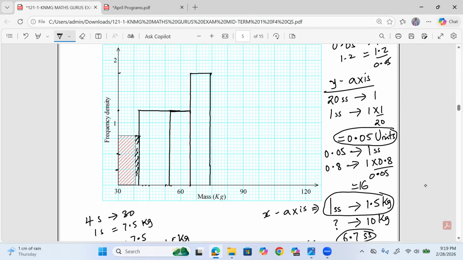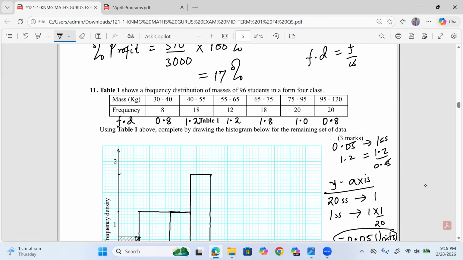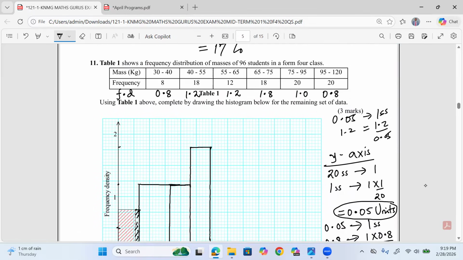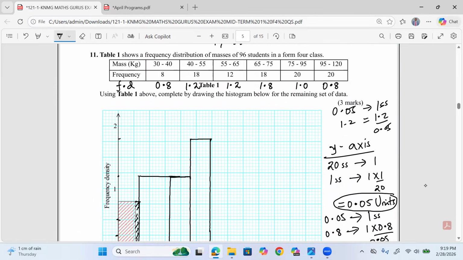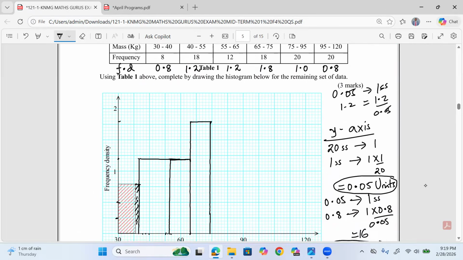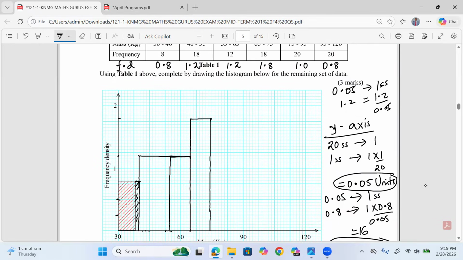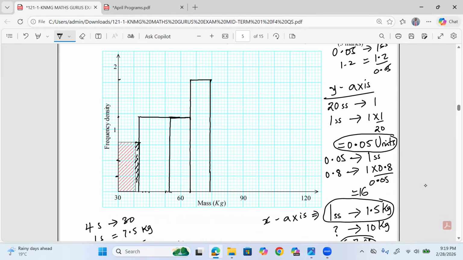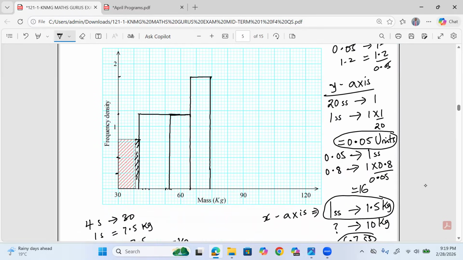Let us check the other class, ladies and gentlemen. We have 1.0. For the vertical, we said 0.05, so we need 20 upwards. Yeah, 1 is already here, actually.